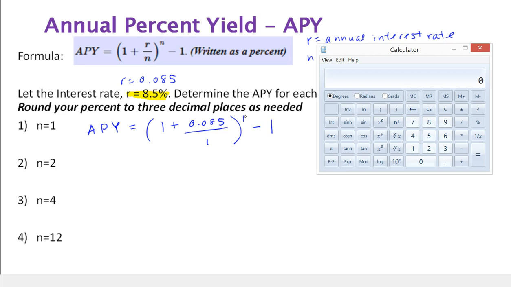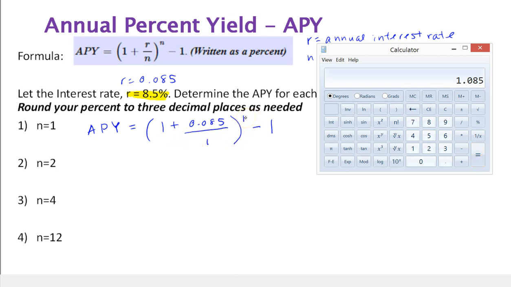Again, if you have a scientific calculator or a graphing calculator, you can enter this entire expression all at once. Just make sure you use the corresponding parentheses. So we have 0.085 divided by 1, and yes, that's just itself. Then we're going to add 1, and we have this result for inside the parentheses.